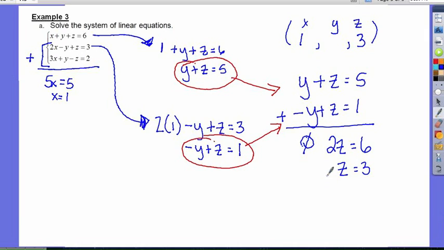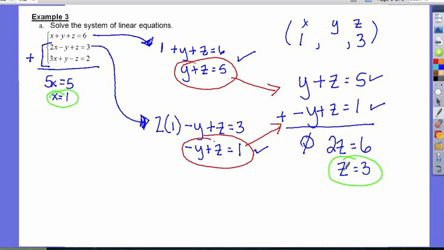Okay, I still need to know what y is. If I know that x is 1, and I know that z is 3, I need to go plug those in somewhere, anywhere that I can to find out what y is. Make it easy on yourself. Find one of your smaller, shorter equations, like pick this one or this one, and plug it back in and find out what y is.